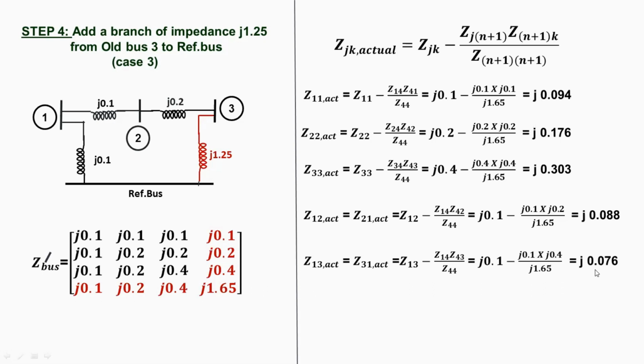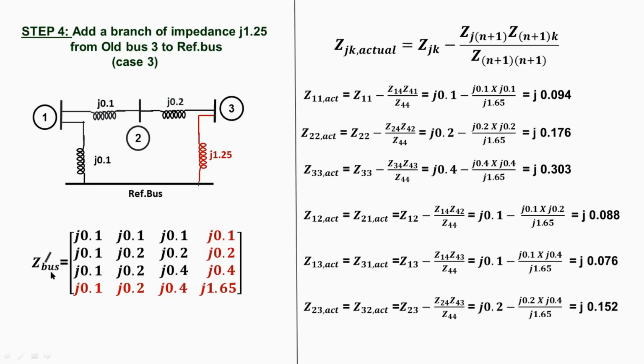The value is j0.076. Similarly, we calculate the last off-diagonal element, Z23 actual, that is equal to Z32 actual. Substitute all the values, get j0.152.